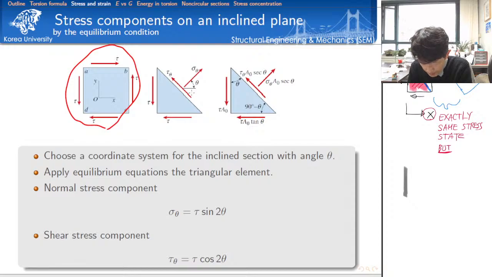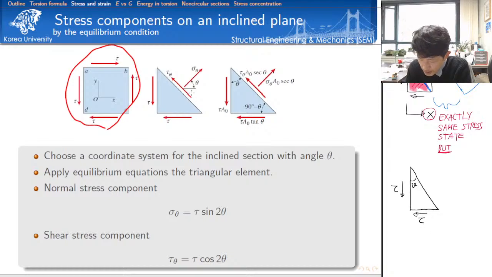So I have a segment with angle theta, and then subject to the shear stress.